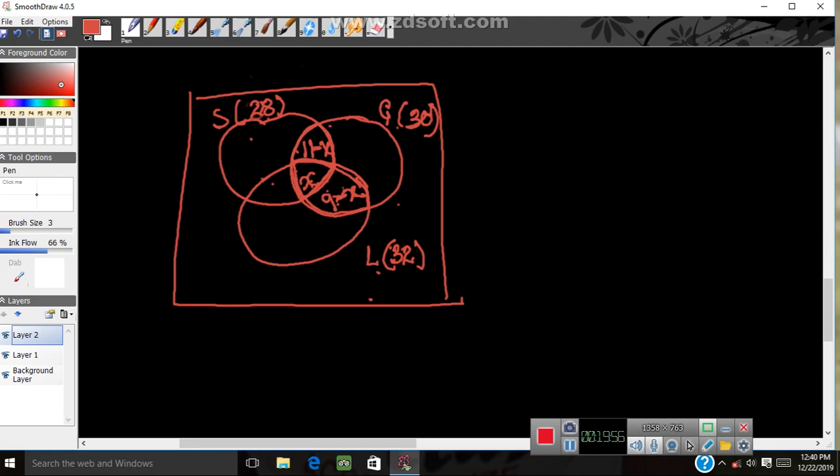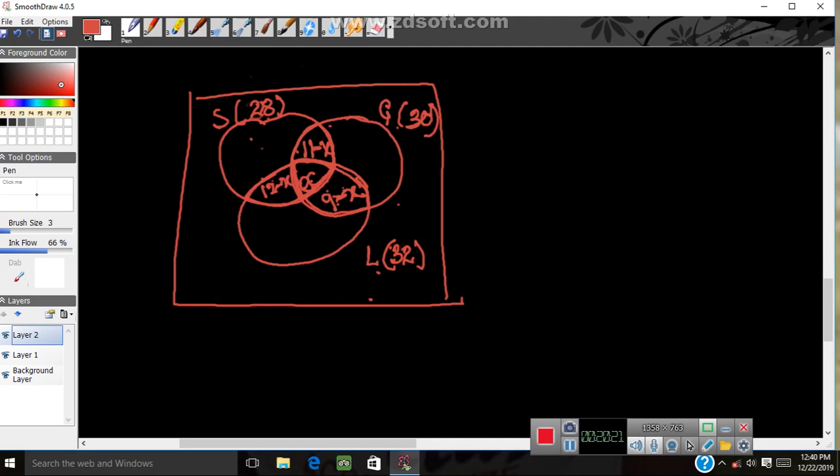The next one we go to is the last section. That is also sculpture and leatherworks. See, I'm following the line. And from the question, we said sculpture and leatherworks is 12. So it's 12, and this section is X. It means that I'm left with 12 minus X here. Good.